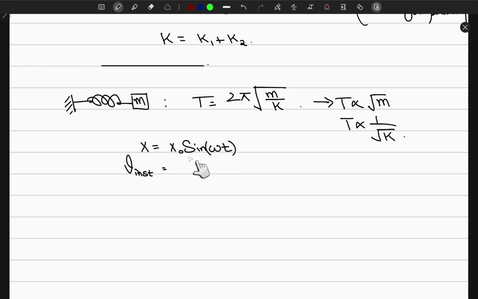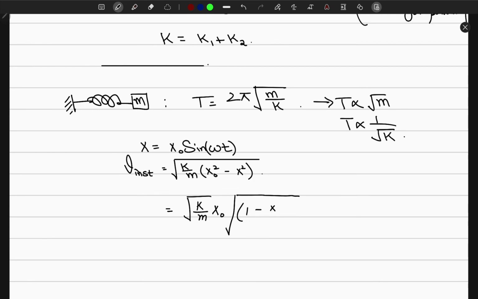Once you do that, you get square root of k over m times square root of x naught squared minus x squared. You can rearrange this expression by factoring out square root of k over m and also x naught, and then what you get is square root of 1 minus x squared over x naught squared.